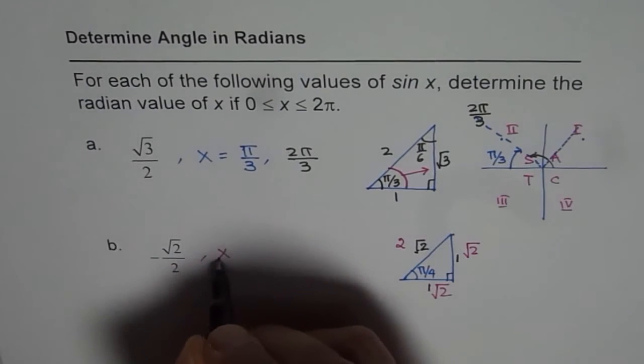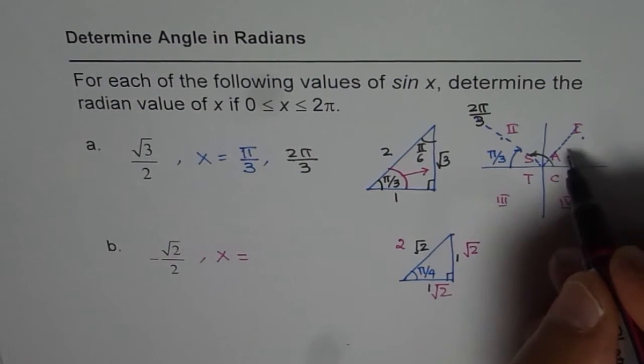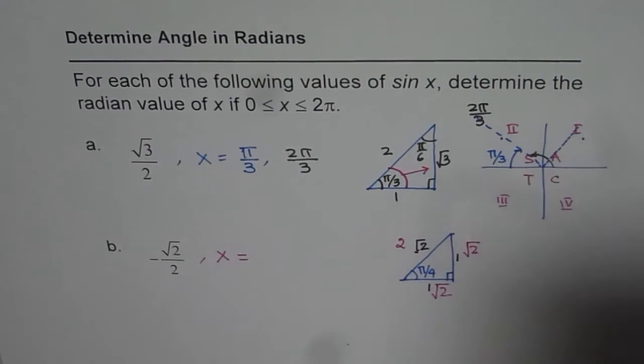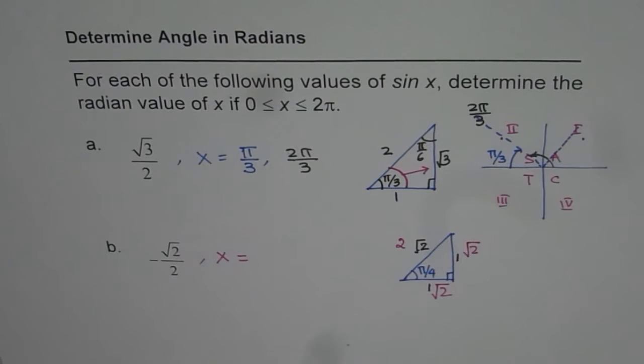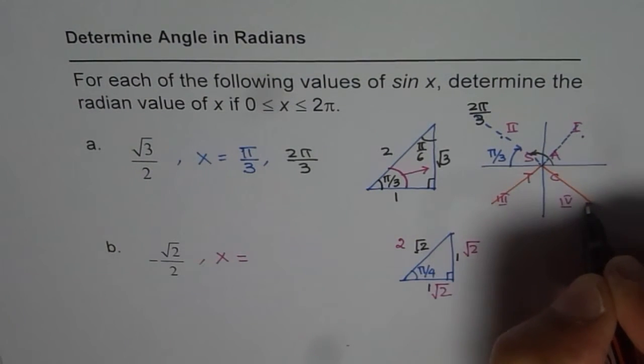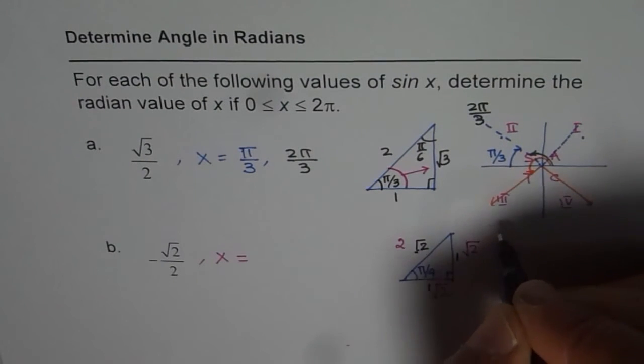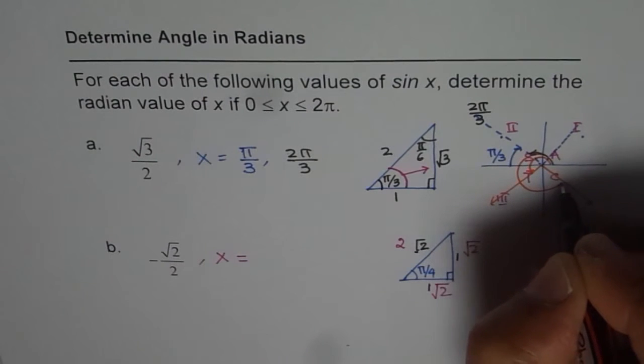So we know x is pi by 4, but that gives us a positive value. We need a negative value, and therefore the solution is pi by 4 as an acute angle in quadrant 3 and 4, right? These two angles. So that is the first solution, and then we have this as the second solution.